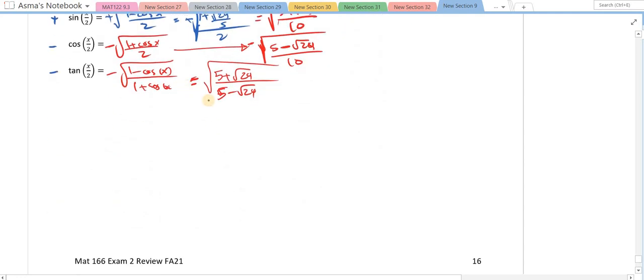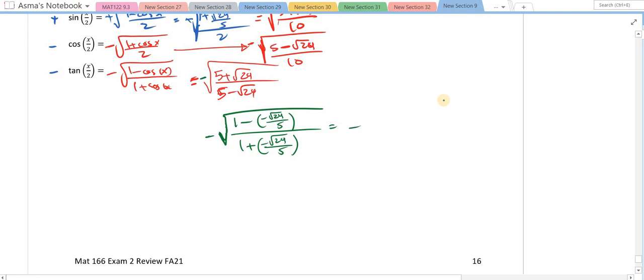basically we're going to have the same denominator, so one denominator is going to eliminate the other one. So this is basically negative sign. So it's negative square root of 1 minus negative 24 over 5. This is 1 plus negative square root of 24 over 5. This becomes 1 plus square root of 24 over 5. So we're going to multiply here with 5, divide by 5.